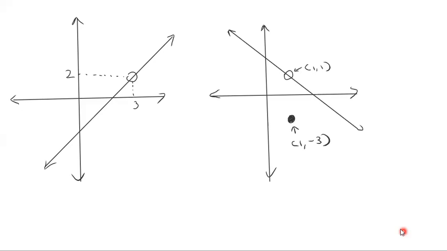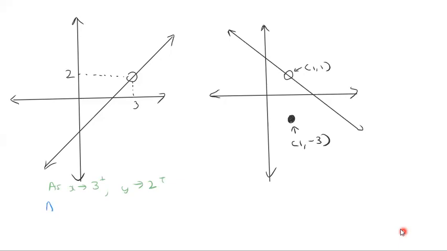For this one, as x approaches 3 from below, or from above, what does y approach? Positive. Yep.